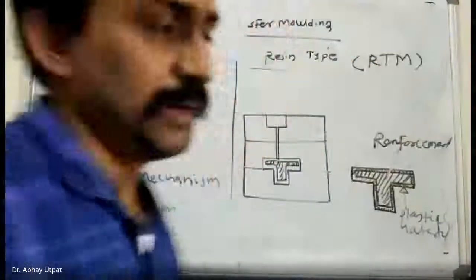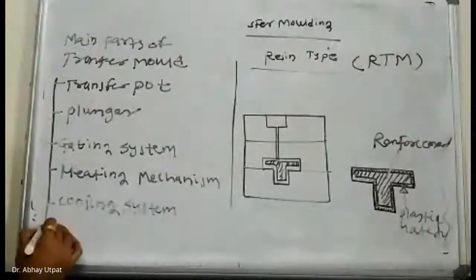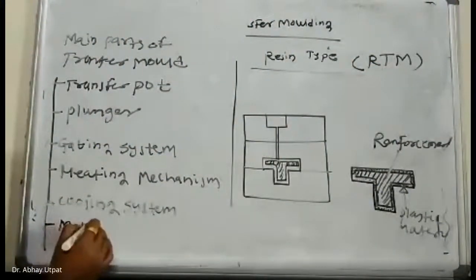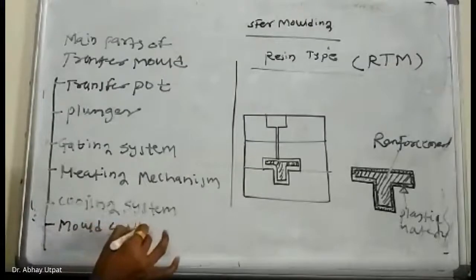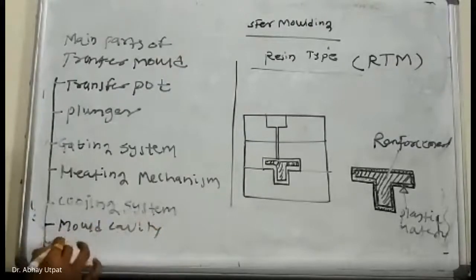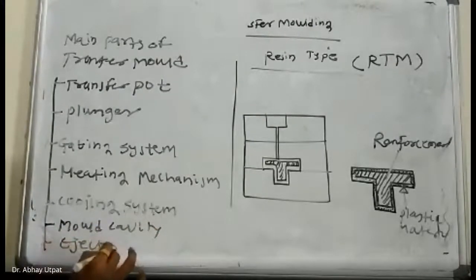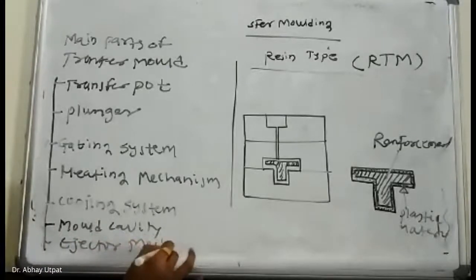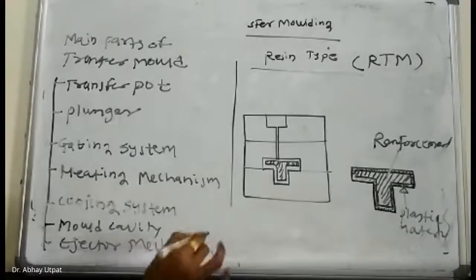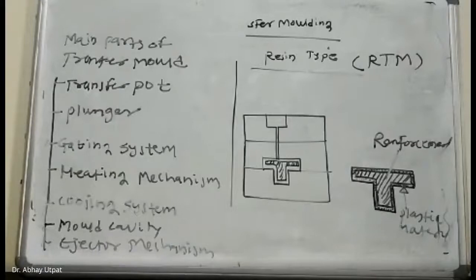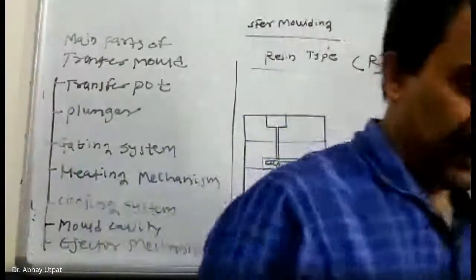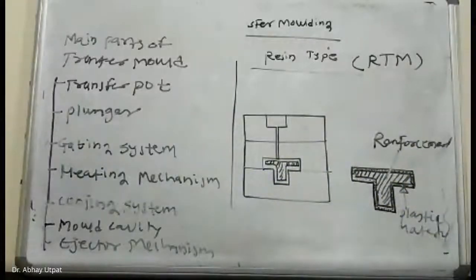Then mold cavity and ejector mechanism. These are the main parts of transfer mold.